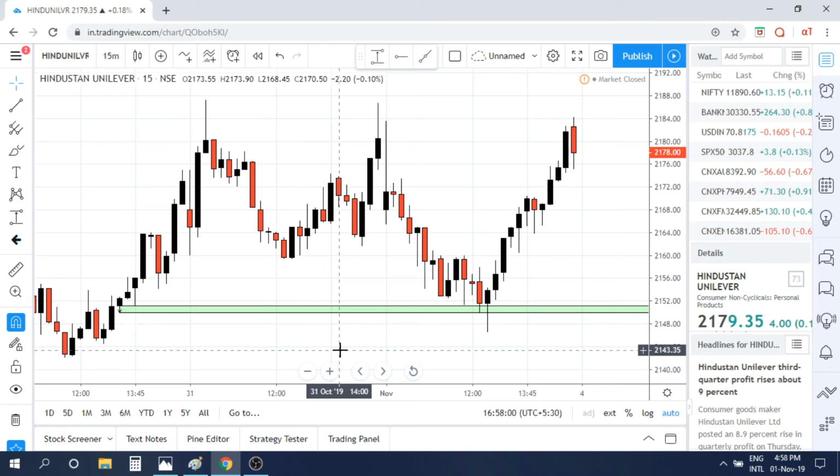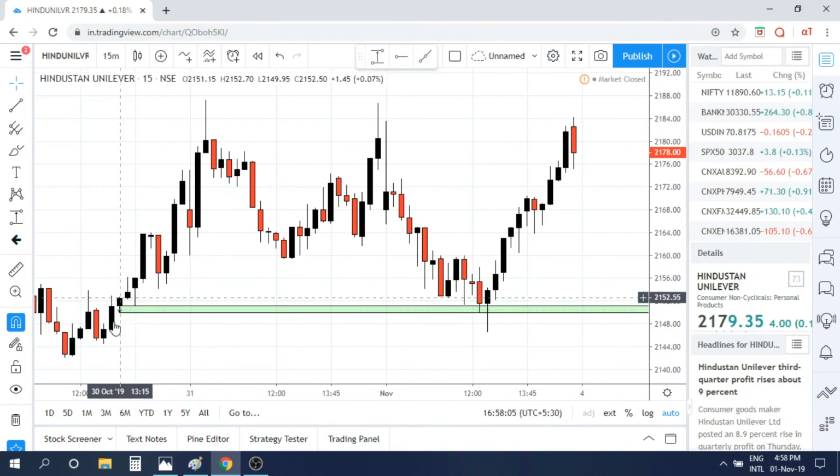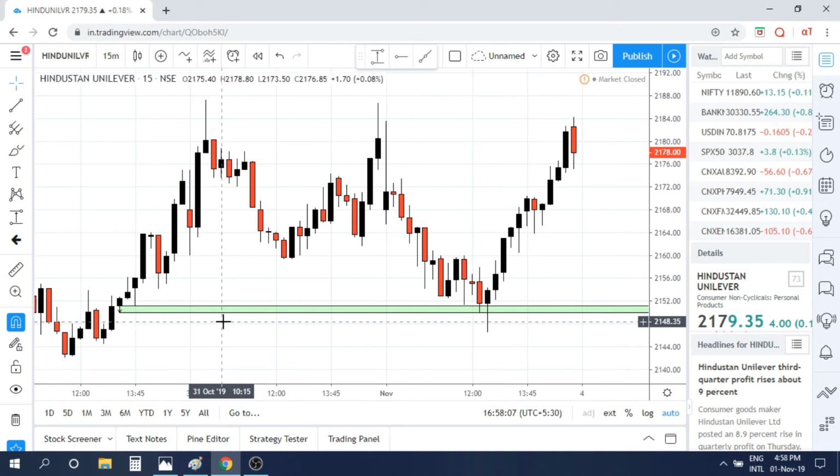So you may ask, what is the benefit of marking the third style of zone marking, this ultra conservative one?